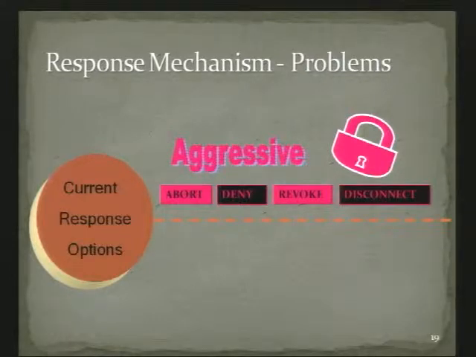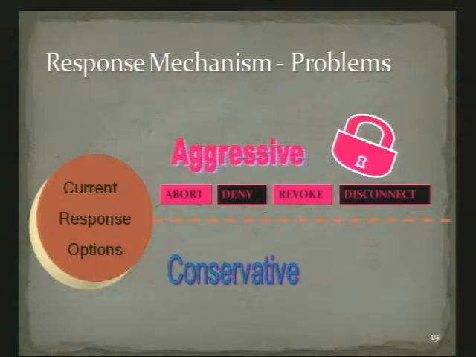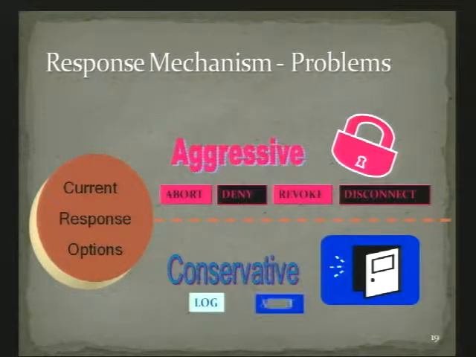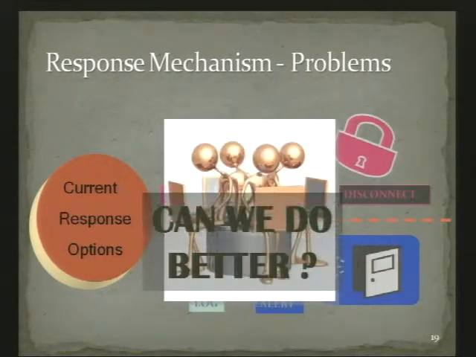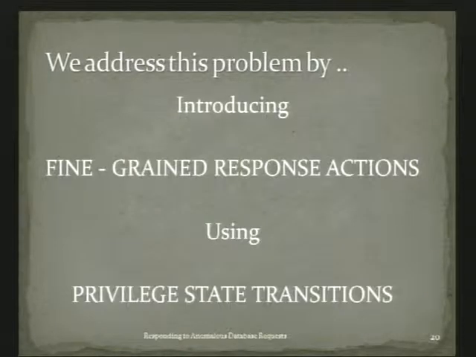All these are very aggressive response actions because they are going to interrupt the user query. Or you can be very conservative and simply log, or send an alert to the administrator. The problem is, can we do better than being very aggressive or very conservative? We address this problem by introducing the notion of fine-grained response actions using the concept of privileged state transitions.